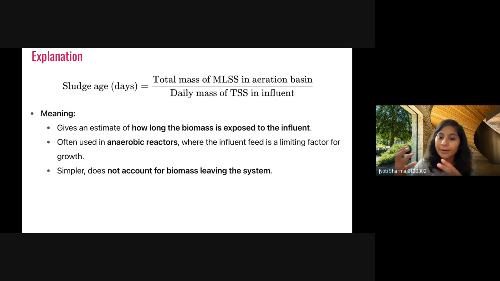So the more contact time we have, the more BOD will be removed. So often in an anaerobic reactor where the influent feed is a limiting factor for growth, sludge age does not account for biomass leaving the system.